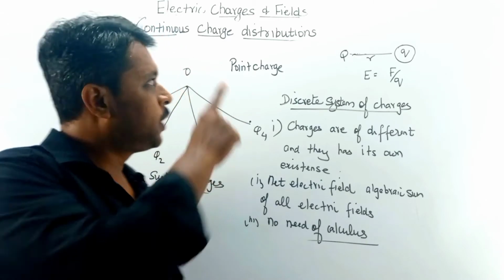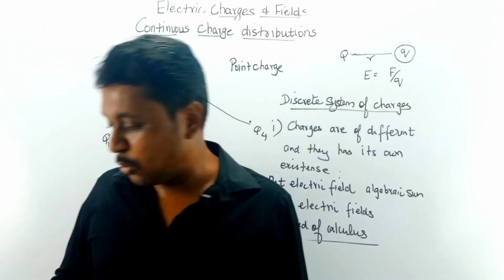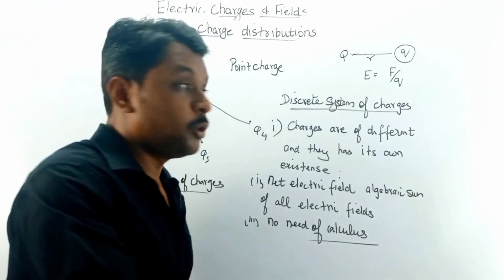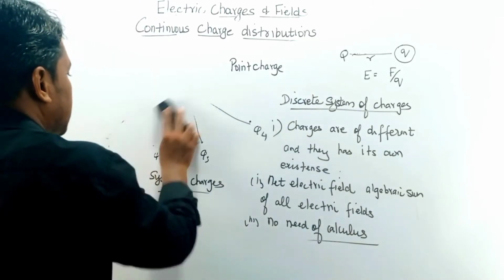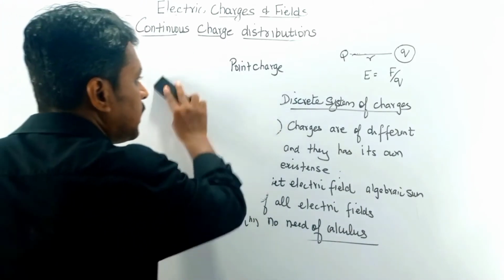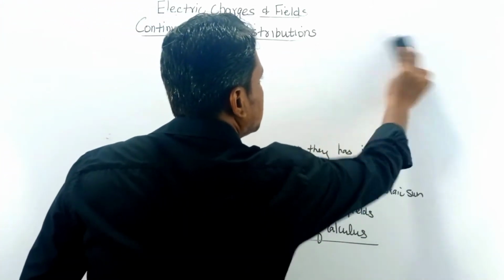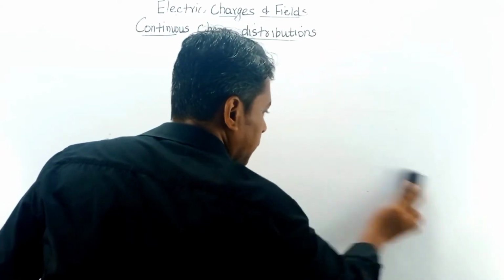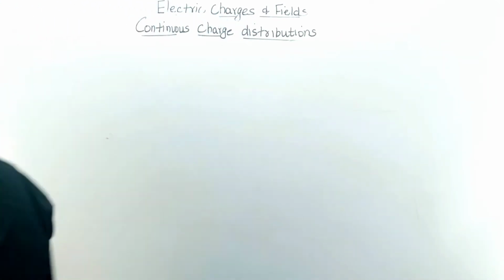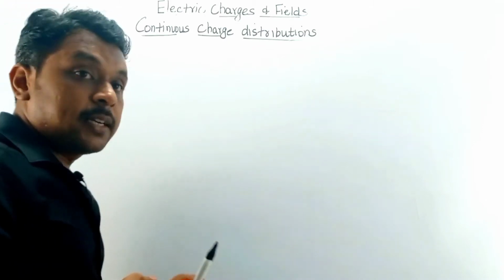Now we will move on to the topic of continuous charge distributions, and see the difference between discrete and continuous charge distributions. Which arrangements are called continuous charge distributions?